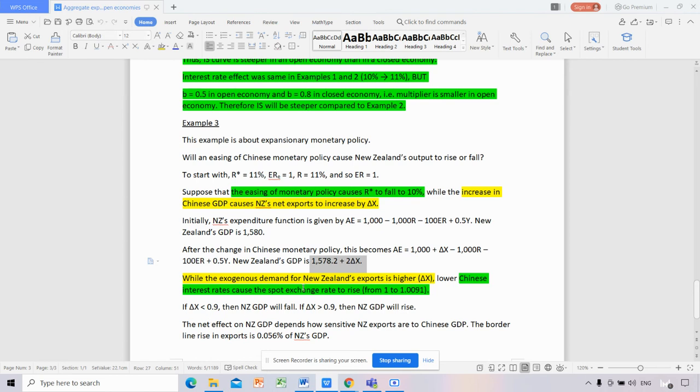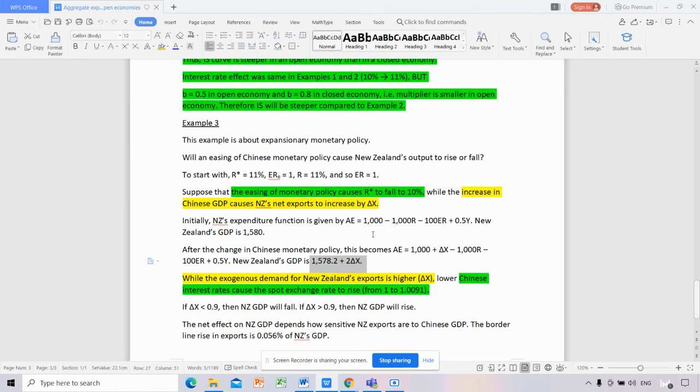If delta x is smaller than 0.9, the overall effect on New Zealand GDP would be a decline in New Zealand GDP. But if delta x is bigger than 0.9, then New Zealand GDP will rise. Because, as I just said, there will be two opposing effects. On one hand, there will be higher demand for New Zealand exports on the part of China, so it's good.